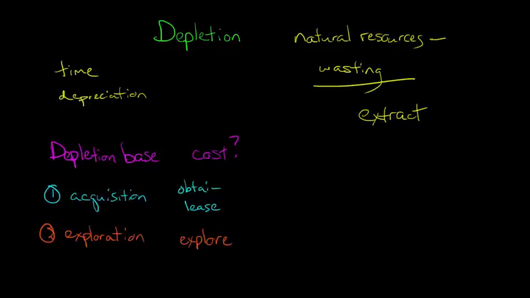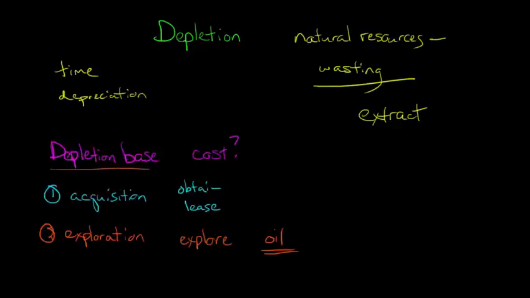For example, if we're talking about oil, and you purchase this huge tract of land or access to this huge tract of water, you have to figure out, okay, well, where is it that we're going to drill? Where is the oil? So you have to do some exploration. And sometimes these exploration costs are not necessarily going to be part of this depletion base. That is basically what we're trying to figure out here.